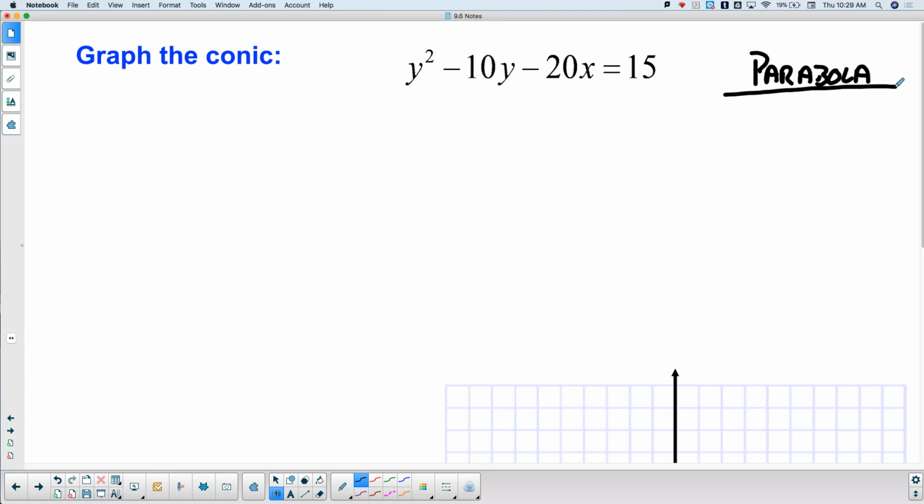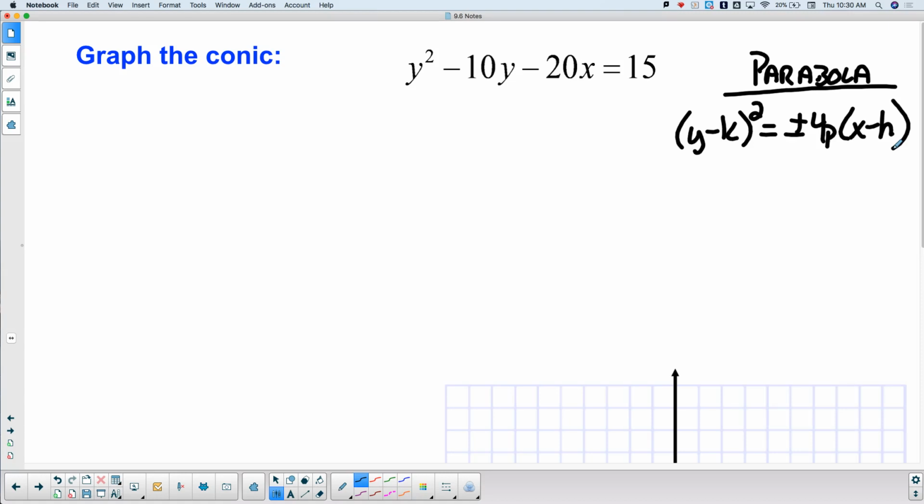Or left and right, I should say. Because y is being squared. So this is definitely a y minus k quantity squared equals plus or minus 4p times x minus h. Because the y is being squared, we definitely know it opens left or right. We haven't solved it all the way through yet to figure out if it's left or right.